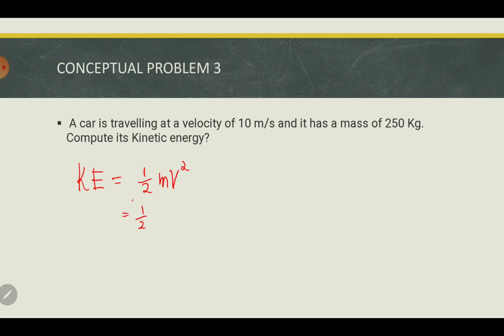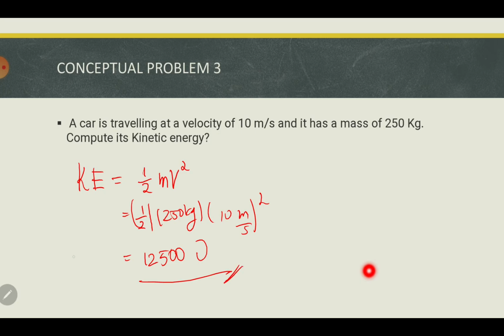We'll have 1/2 multiplied by our mass, 250 kilograms, multiplied by 10 meters per second squared, so 1/2 multiplied by 250 multiplied by 10 squared. So we'll have 12,500 joules. That is our kinetic energy.